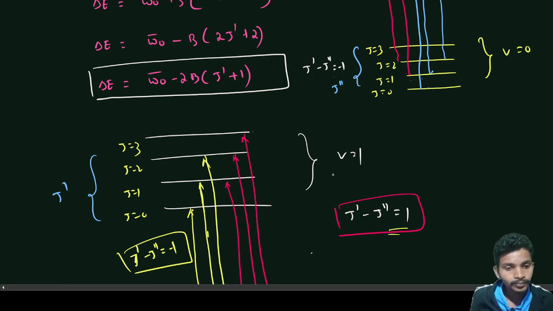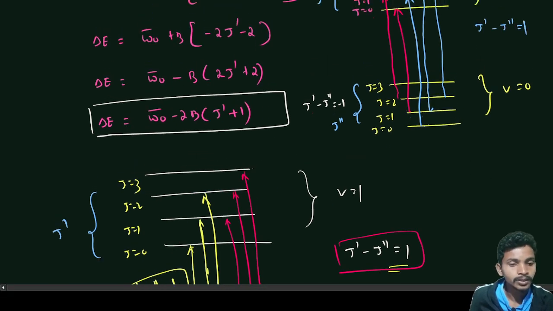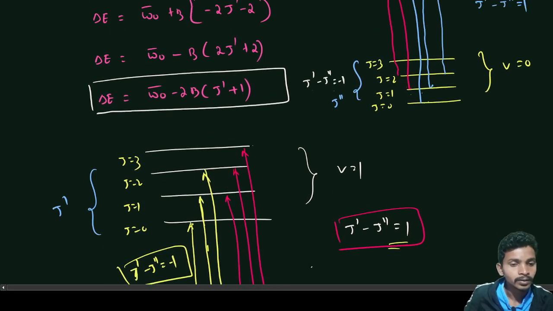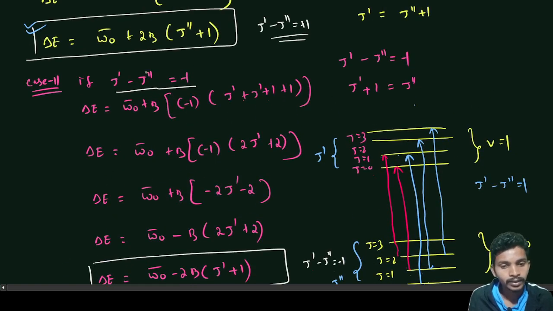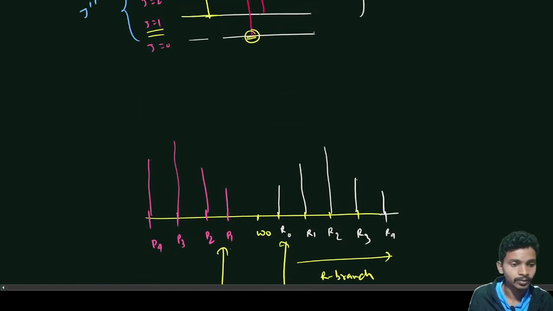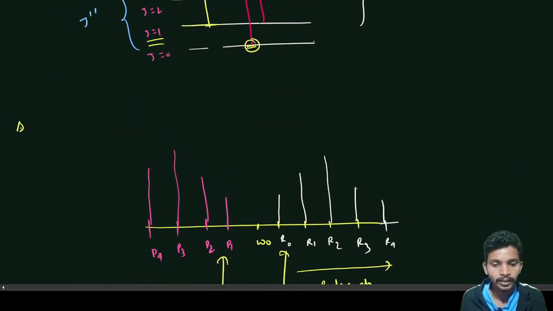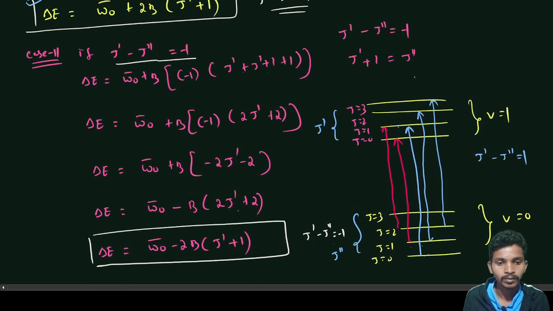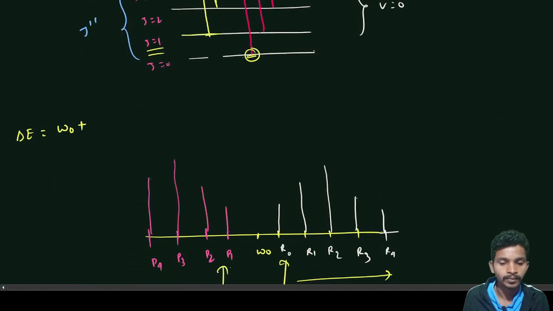Now, whenever I put these values, let's say one equation is this, another equation is this. So I'm writing these two equations here. One equation is delta E equals omega naught plus 2b(z dash plus 1).